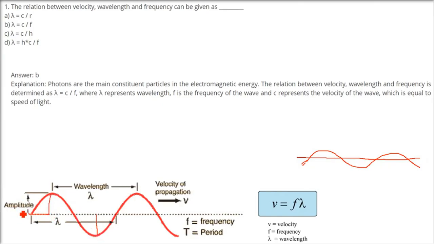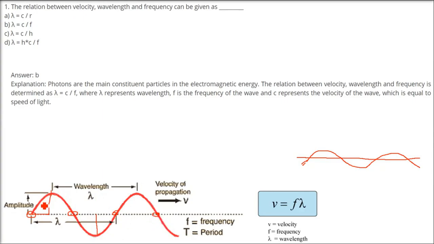The maximum extent it can go is the amplitude. The distance between two peaks, or two similar starting points, is the wavelength, given by lambda.